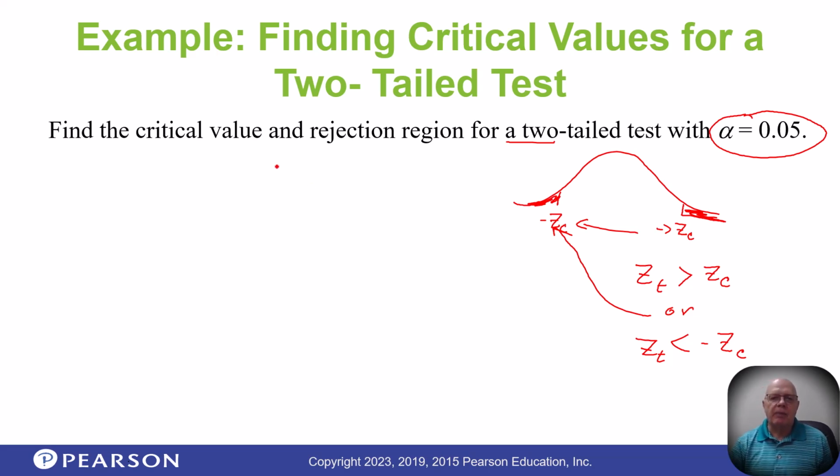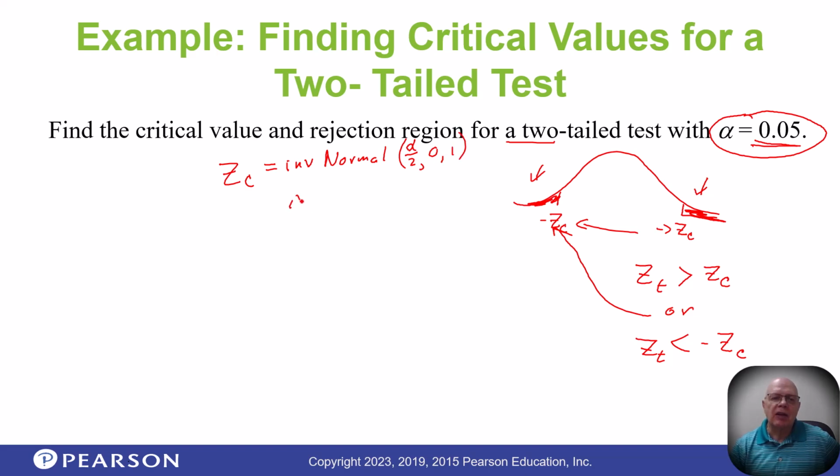And remember, once more, to get the critical value, you're going to use inverse normal. But remember, the alpha is 0.05 and it's a two-tailed test. So 0.05 has to be split between this area and this area.